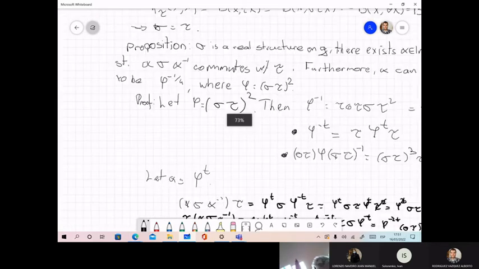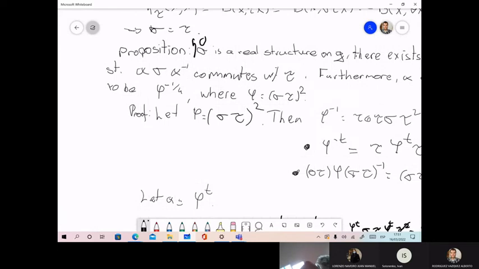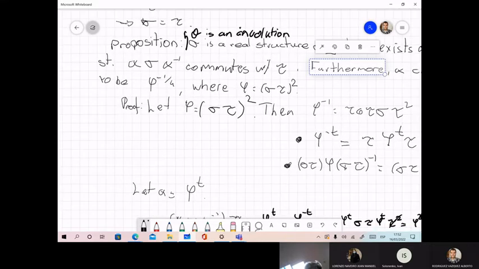But the proof is completely identical if we consider an involution here of G. We can also find an inner automorphism such that by conjugating this involution by it, we get something that commutes with tau.